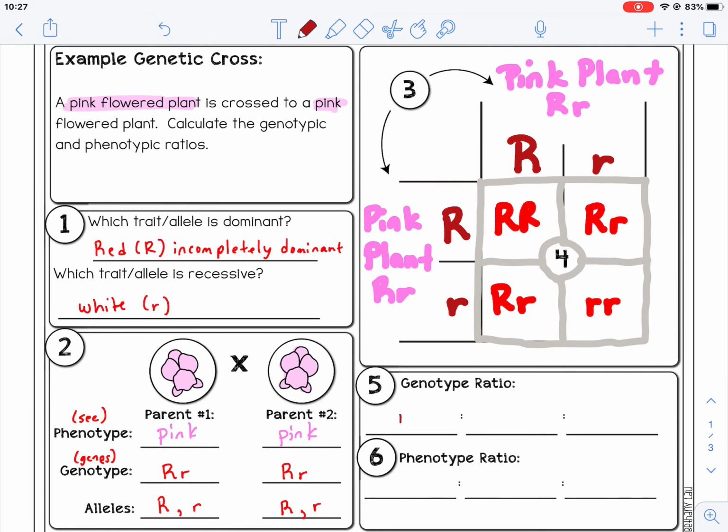And we had 1 big R, big R. We had 2 big R, little r's. And we had 1 little r, little r.